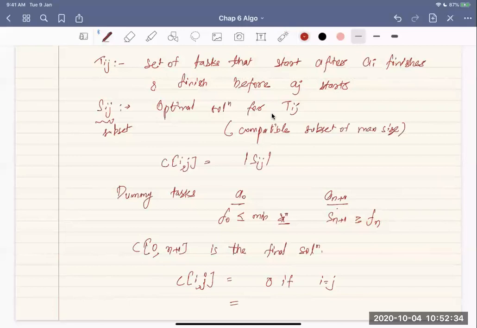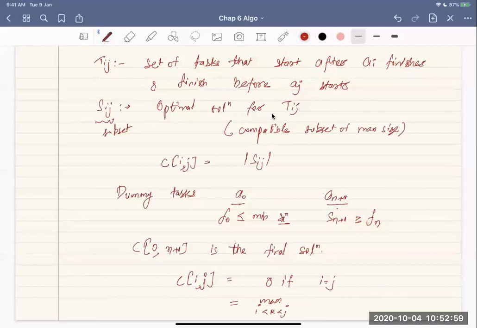Otherwise, you have to choose some activity k in between. You cannot choose i and j because i should be finished already and j should start later. So something between i and j.